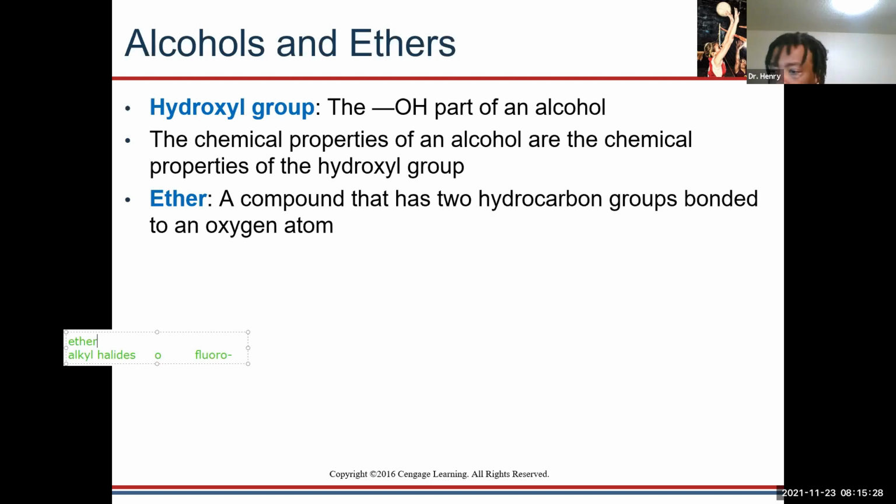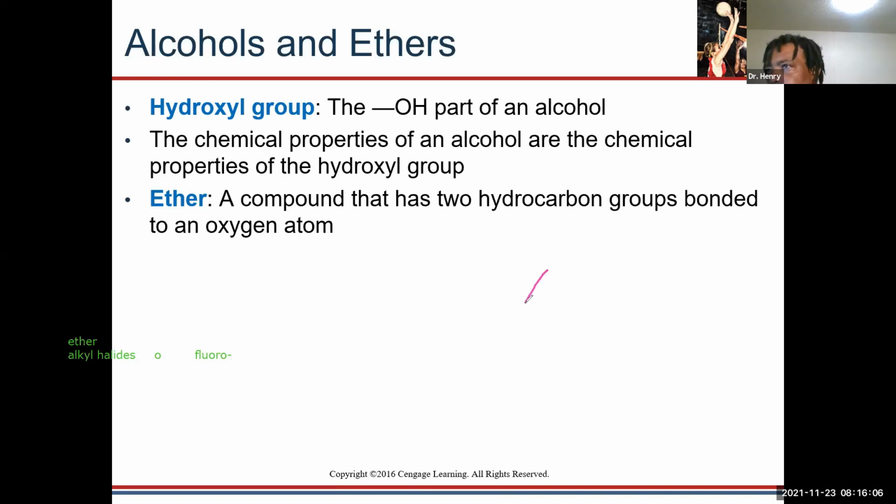Okay, so the common way for ethers. Let me give you the generic structure of an ether.